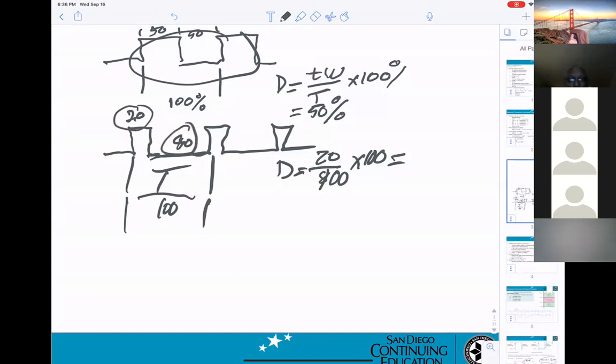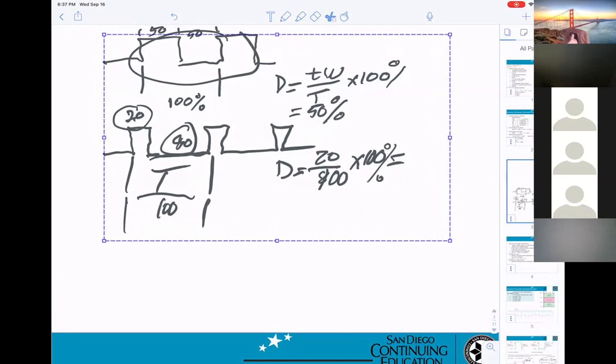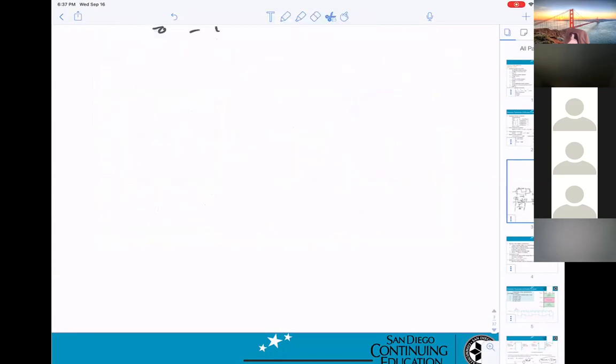So if you want to calculate the duty cycle, you take 20 divided by 100 times 100%, and the only real work being done is 20%. For example, this one, they get a problem when they interview. Something very easy, but they don't understand and they get a problem.